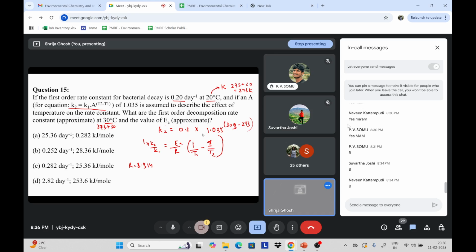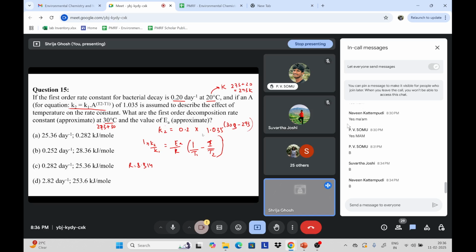So for the first part, that is K2 is equal to K1 A raised to the power of T2 minus T1. So T2 minus T1 will be 273 plus 30, 303, minus 293.